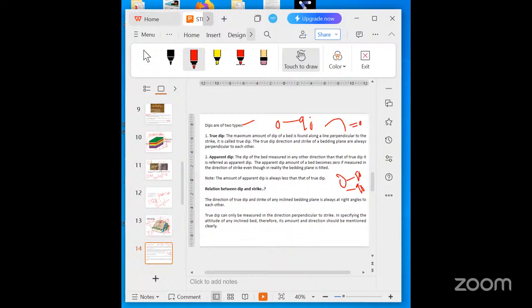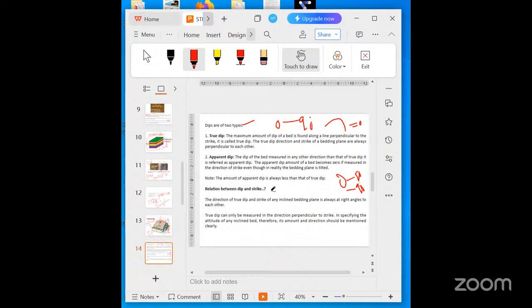The amount of dip denotes the angle of the bed's inclination with respect to the horizontal. Strike is a scalar quantity because it has only direction and no magnitude, right? So the strike of the bed is independent of its amount of dip.